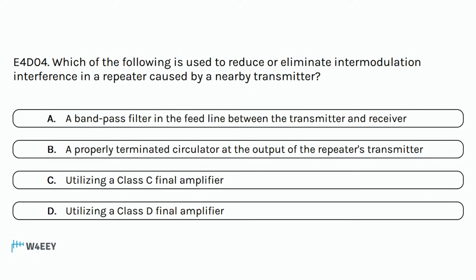And which of the following is used to reduce or eliminate intermodulation interference in a repeater caused by a nearby transmitter? Bravo. That's a properly terminated circulator. That means it's got a dummy load attached at the output of the repeater's transmitter.